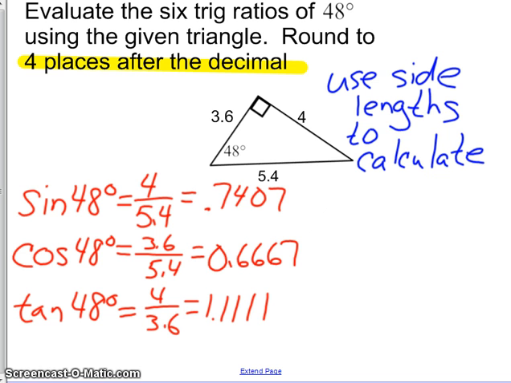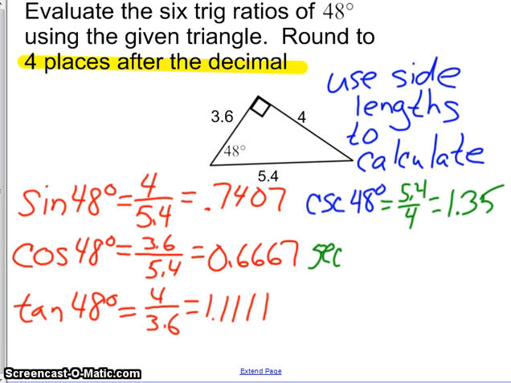Great, so now the reciprocals. Cosecant of 48 equals the reciprocal of sine, 5.4 over 4. 5.4 divided by 4 is 1.35.